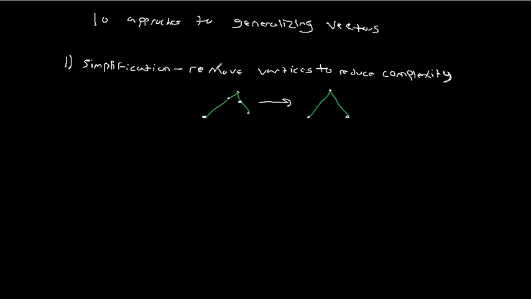Right, and that's the key thing with simplification. I'm going to make a note here in red. Right, try to remove vertices that don't disrupt the general shape.